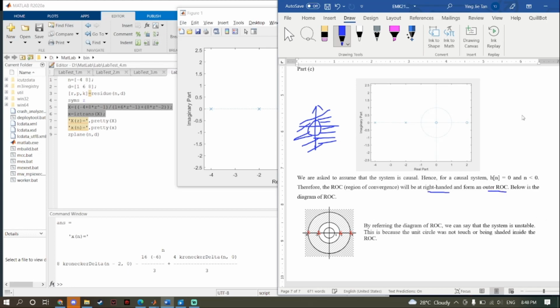If it's left-handed, this is right hand, this is left hand. If it is left-handed, it will become inside the poles. So this is some explanation on right-handed shading and left-handed shading.